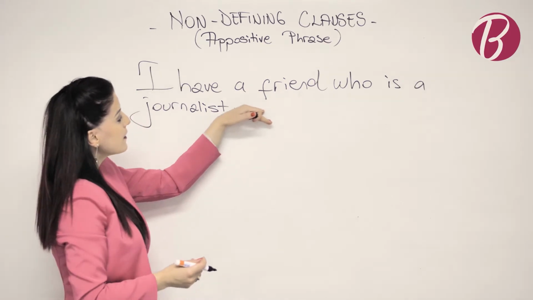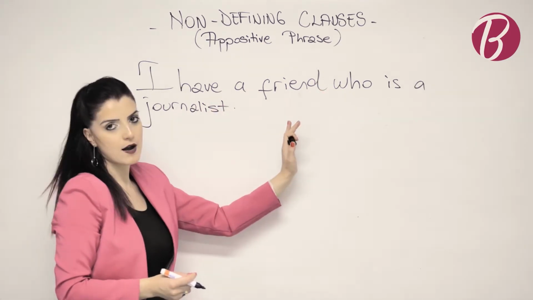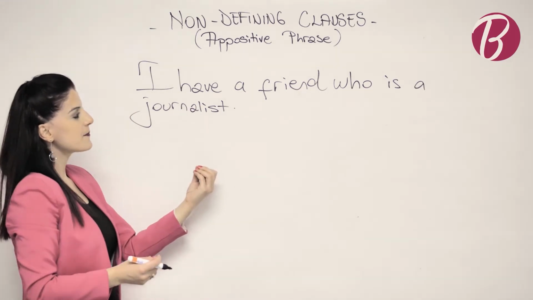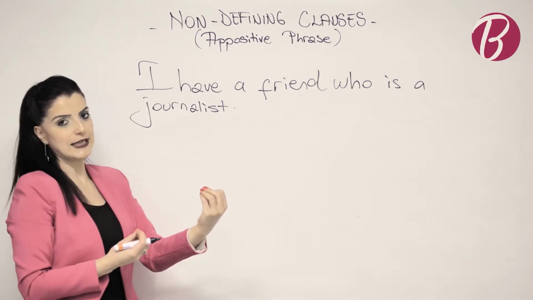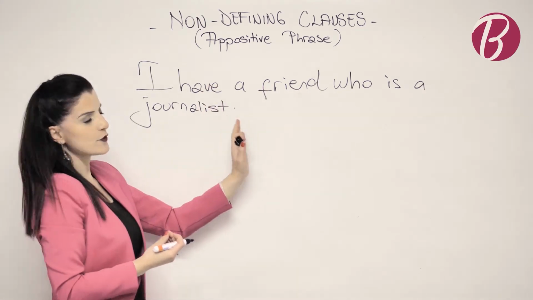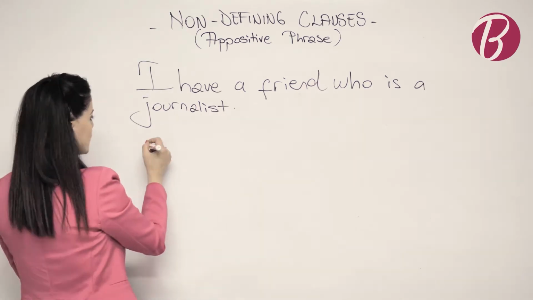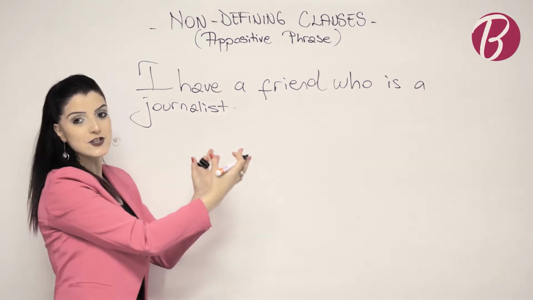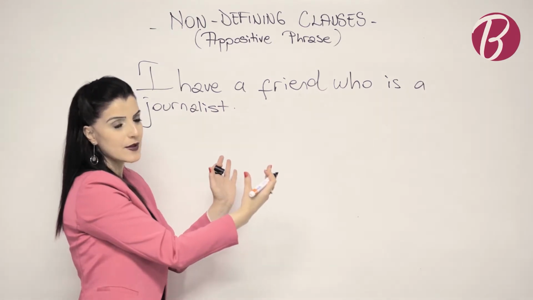So in these defining clauses, we never use comma, but sometimes we give a name directly, so we don't say a friend, a person, or an object. In that case, this person becomes a special person, or this item becomes a special item.